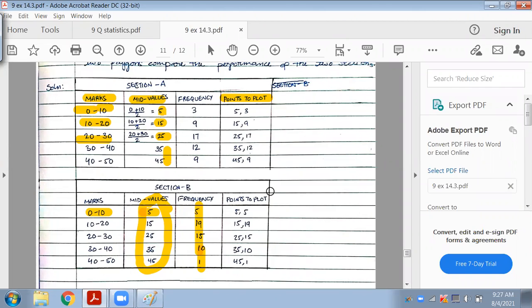Okay, so draw this table in the rule page, and once you're done, you can raise your hand.